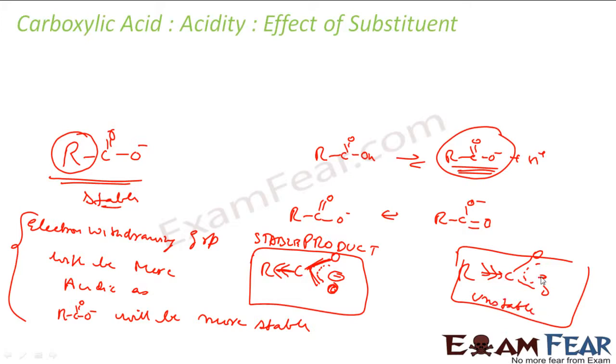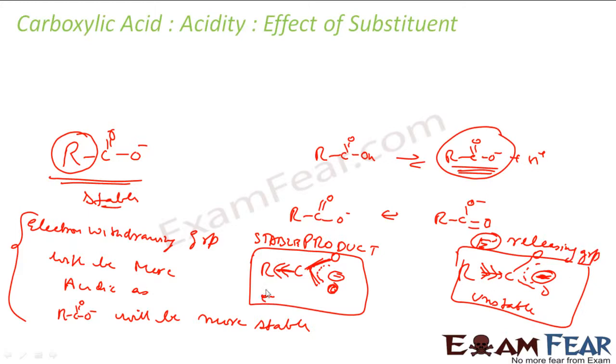Because already there is a negative charge here, and this R or whatever electron releasing group is giving electrons. So in that case, this will become unstable. Correct? This is electron releasing group. So if this is unstable, it is not that acidic.